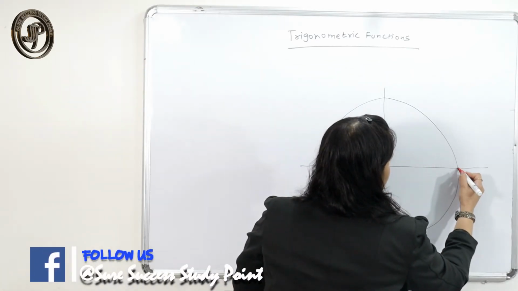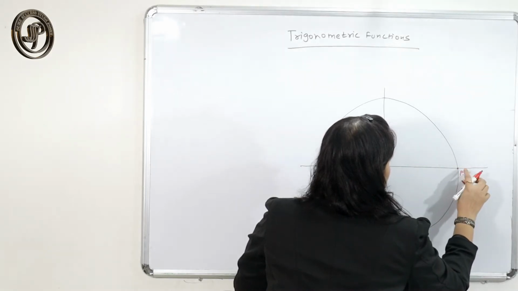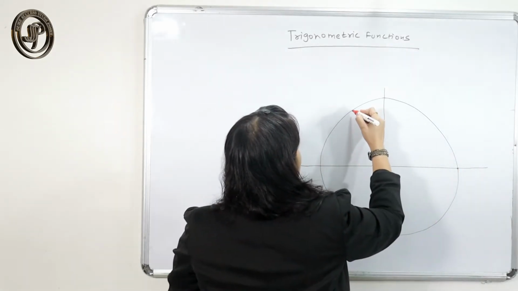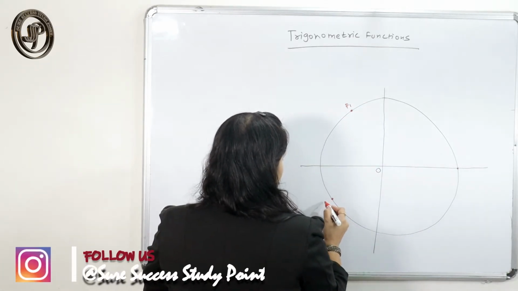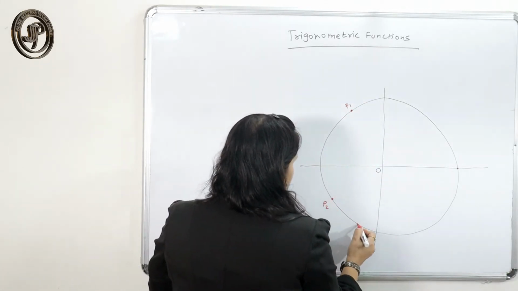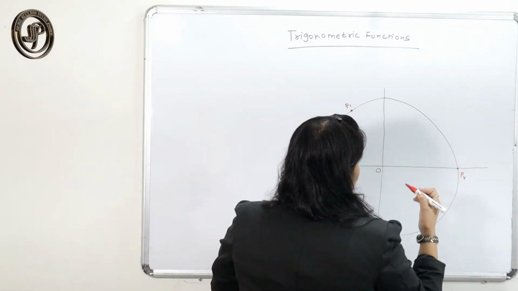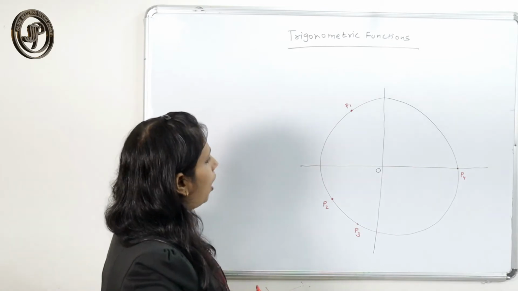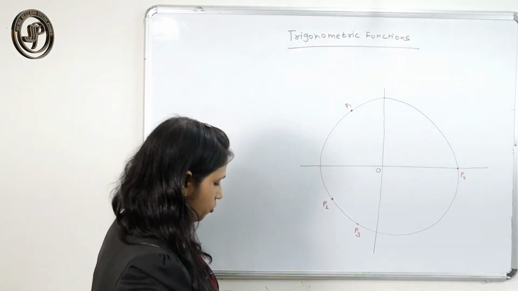Suppose this is the point P1, this is P2, this is P3, and this is P4. Now I am going to write the coordinates of P1, P2, P3, P4.